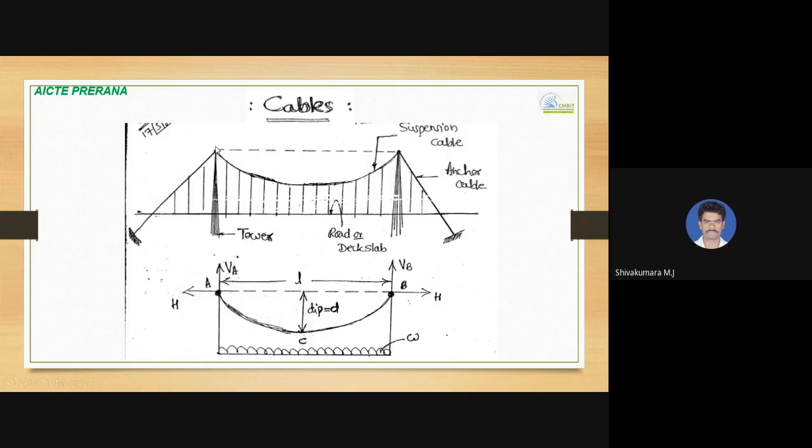And then these are the towers which will support the cable. For analysis purposes, you can take a uniformly distributed load acting on this deck slab, supported on this cable. The distance from the horizontal line drawn from the support ends to the lowest point of this cable is termed as dip.